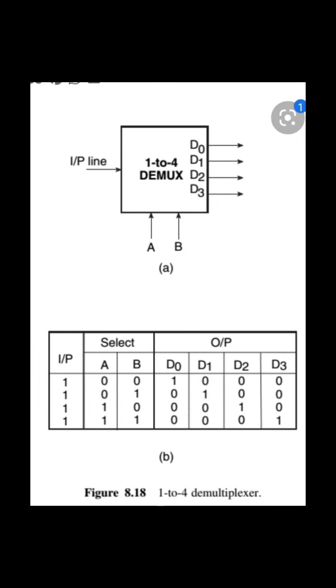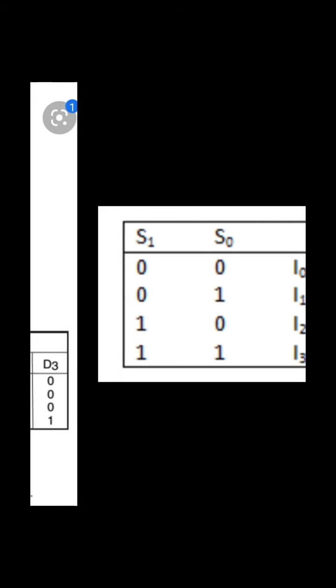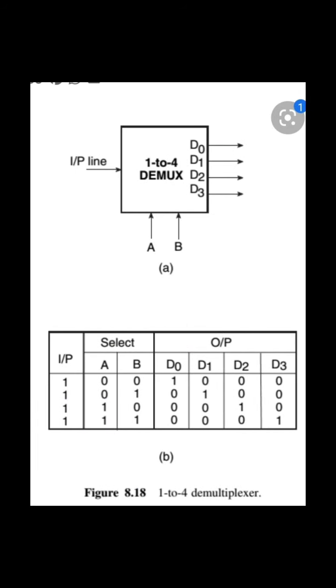Next I will discuss the demultiplexer. Demultiplexer means one into many. The demultiplexer performs the reverse operation to a multiplexer.